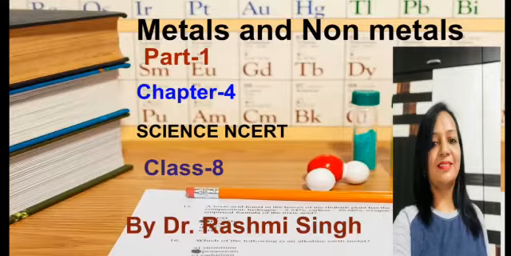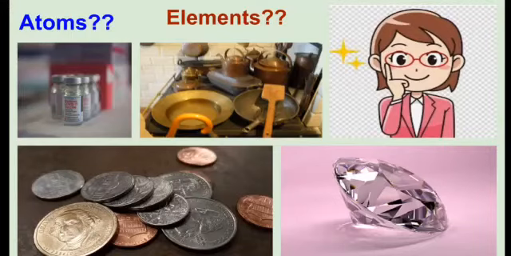First of all, let us have a look at the given picture. Here you can see atoms. First, you need to tell me what an atom is. Do you know about atoms? Yes, an atom is the smallest unit of elements, like bricks.